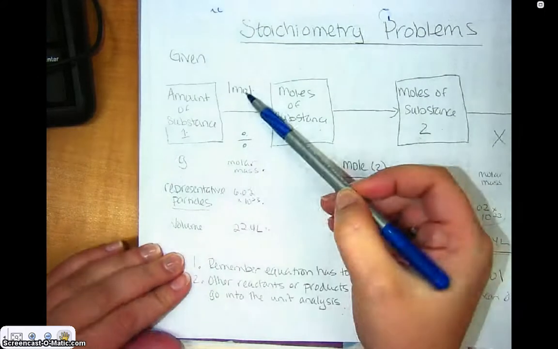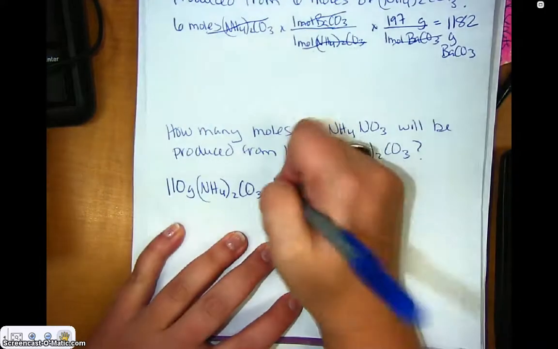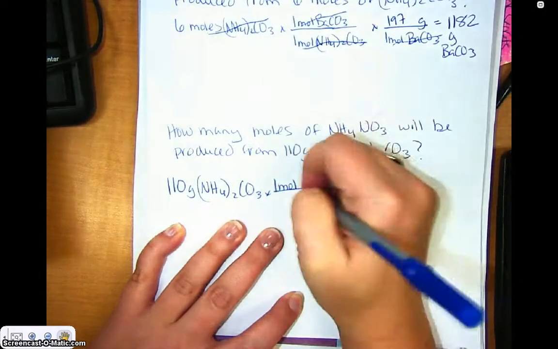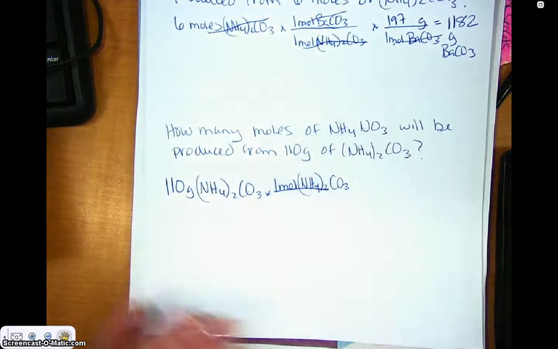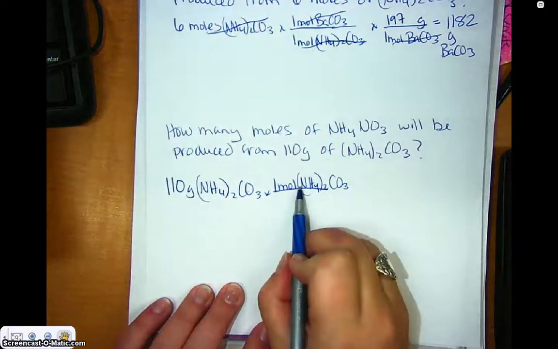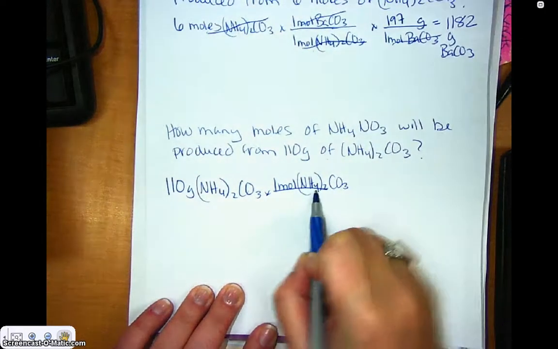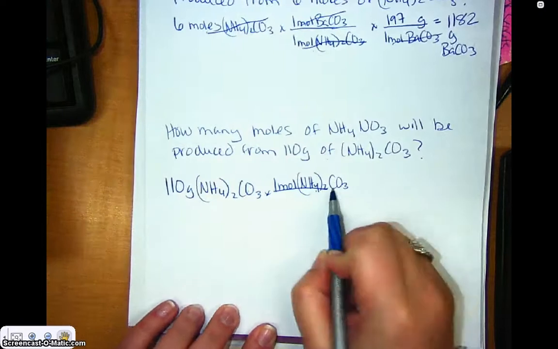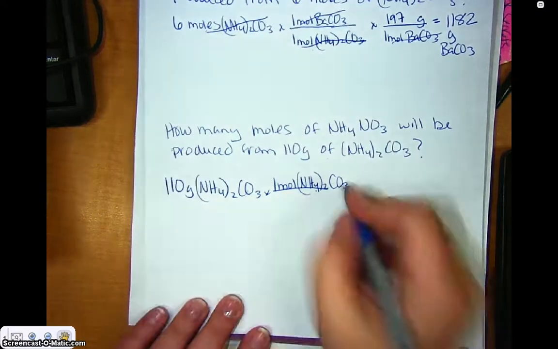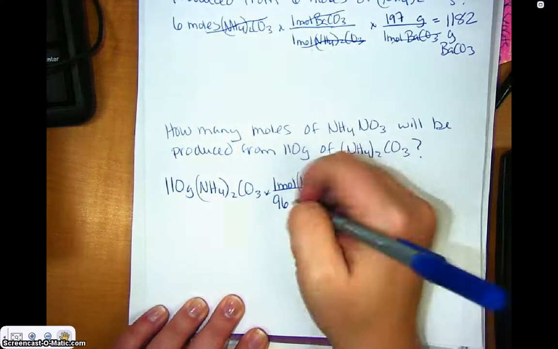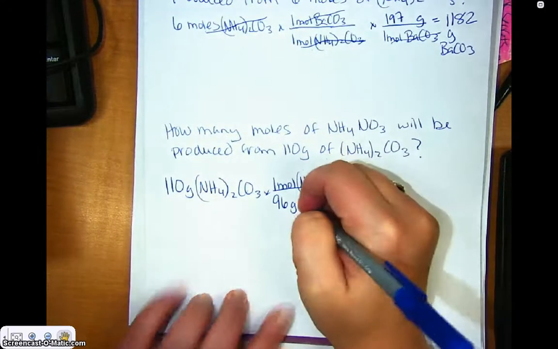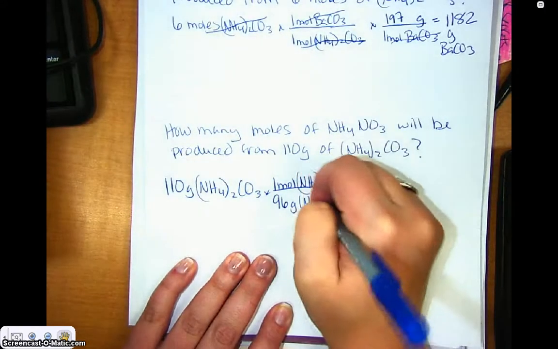I need 1 mole on top and the molar mass on the bottom. So 1 mole of (NH4)2CO3. I've got 2 nitrogens, 8 hydrogens, a carbon, and 3 oxygens, and I've already added all of those up from the periodic table, and it equals 96 grams of (NH4)2CO3.